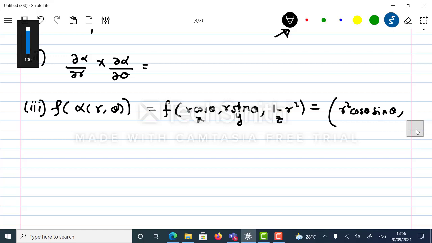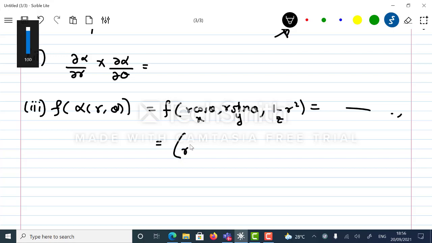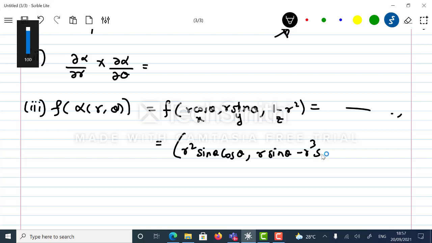Let me write it down in a separate space. It is r squared sin θ cos θ, comma, r sin θ minus r cubed sin θ, comma, r cos θ minus r cubed cos θ.